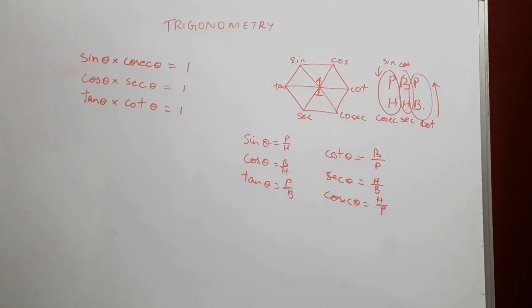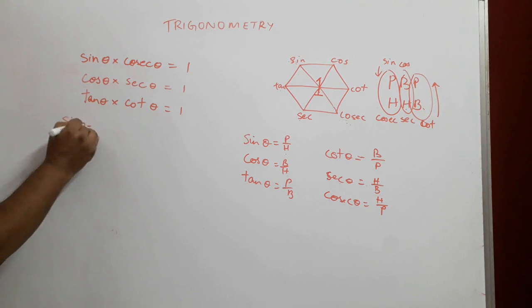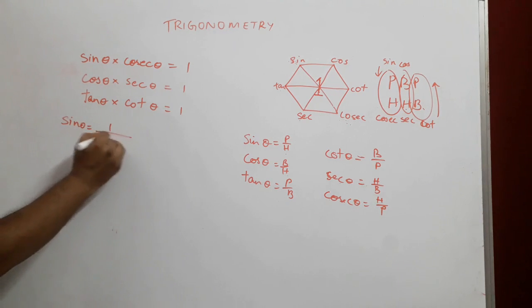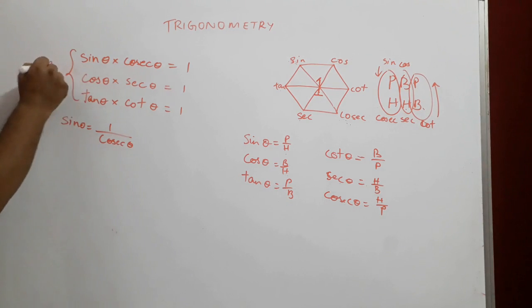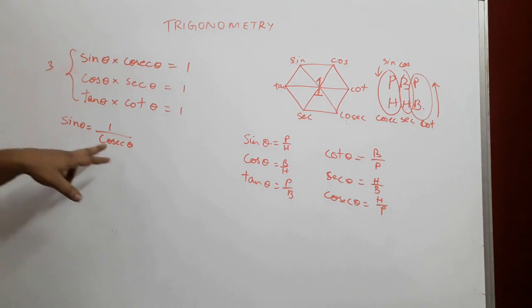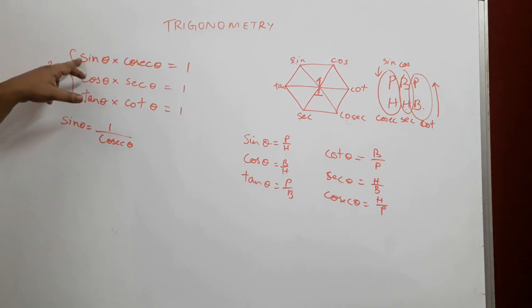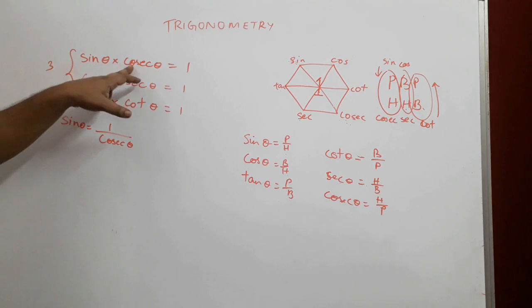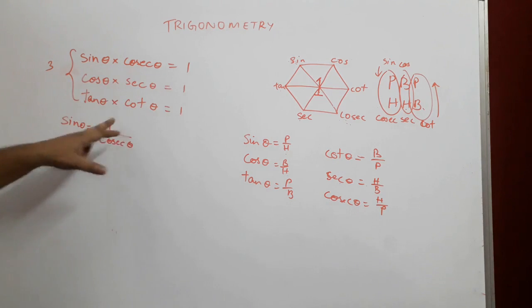Now alternatively we can also write sine theta equal to 1 upon cosec theta. So these are 3 formulas more. Sine theta can be written as 1 upon cosec theta. How? If we keep sine theta on one side, cosec theta can be taken down, so 1 upon cosec theta.